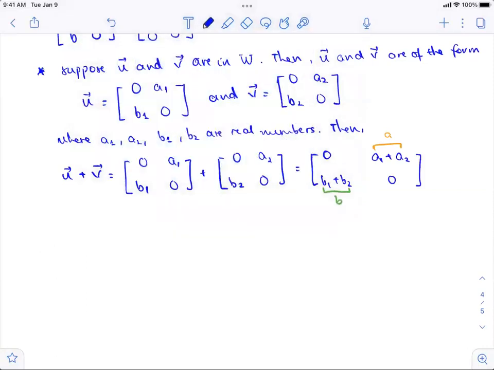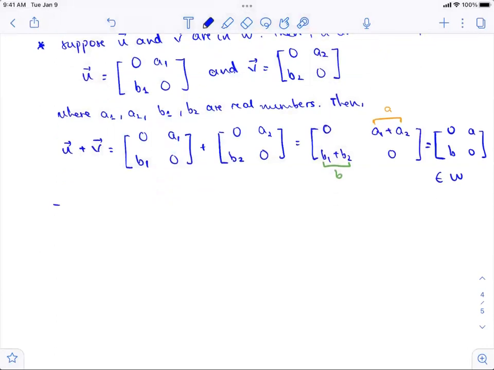So the resulting matrix has the form [0, A; B, 0], and this shows that the sum is also in the set W. So W is closed under matrix addition.